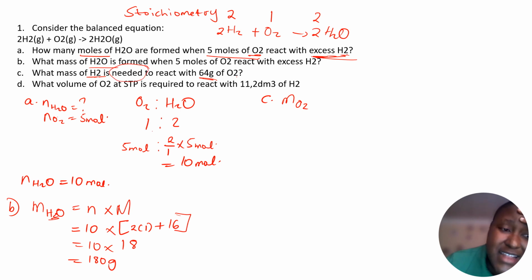Remember, if you're looking at the mass that is needed, you look at the mole ratios or the coefficients. What mass of H2 is needed to react with 64 grams of O2? And you want the mass of H2.